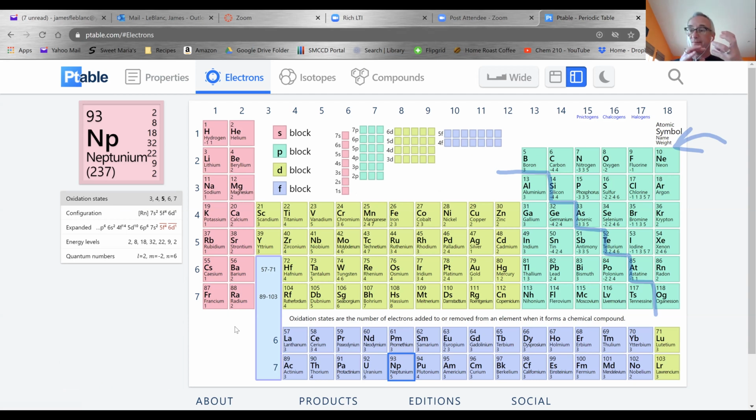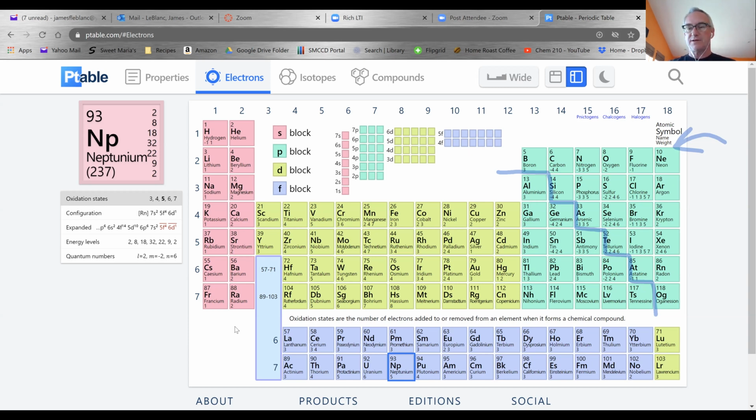Those have both metallic and non-metallic properties. We'll talk a little bit about them, but not very much. Although silicon is kind of important in this particular valley, as we would say. So we'll talk a little bit about that.